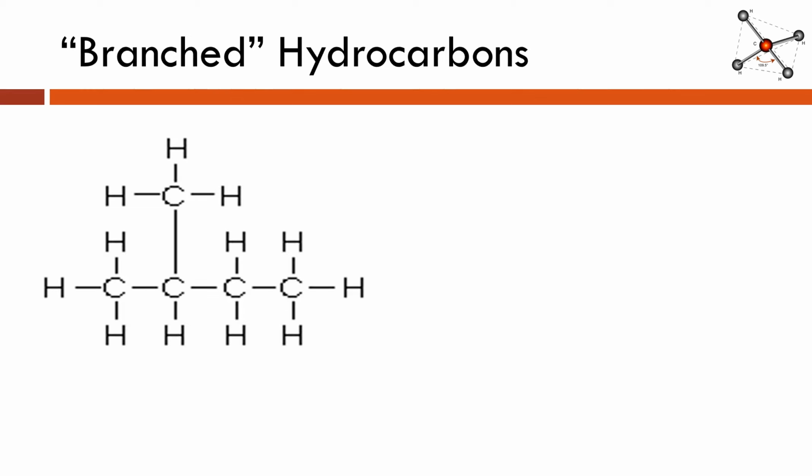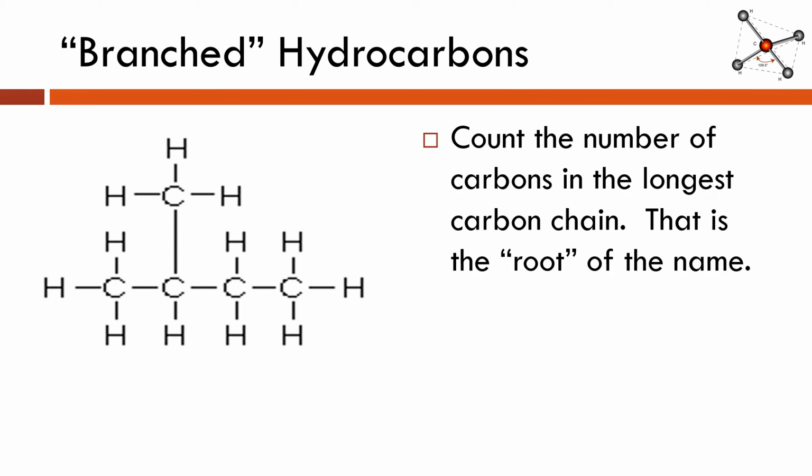So let's look at an example. We want to count the number of carbon atoms in the longest continuous chain. So I can count 1, 2, 3, 4. I can count 1, 2, 3, 4. But there's no way to get to 5. I can't go 1, 2, 3, 4, 5.